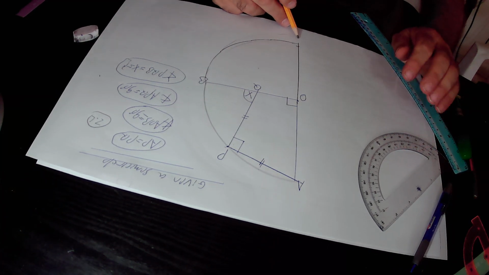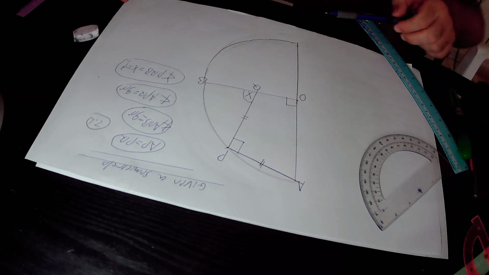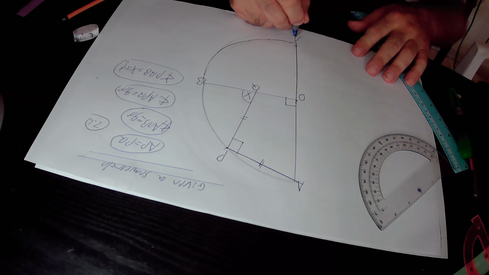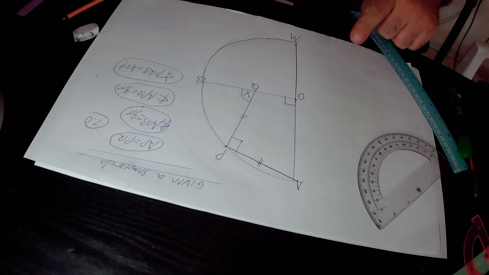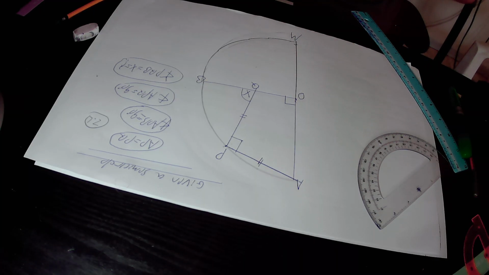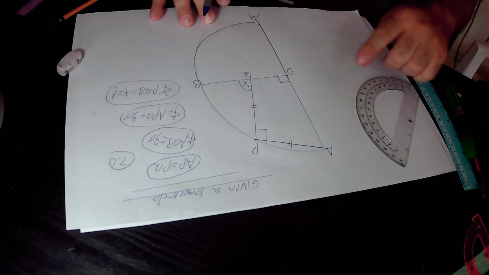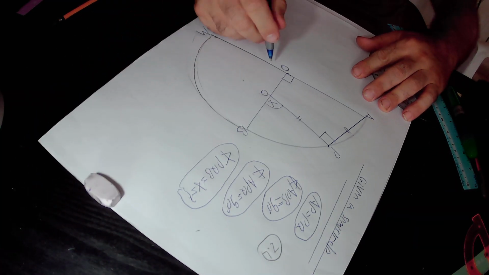And we will call this point point M. So actually, AM is the diameter of the semicircle according to our construction. So right now, AM is the diameter of the semicircle.